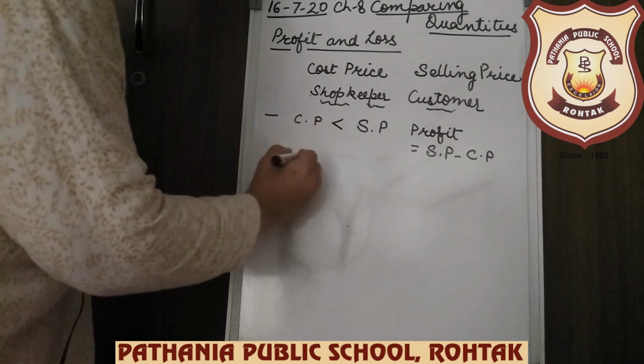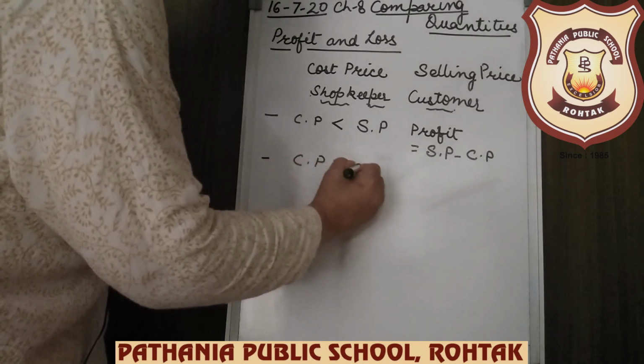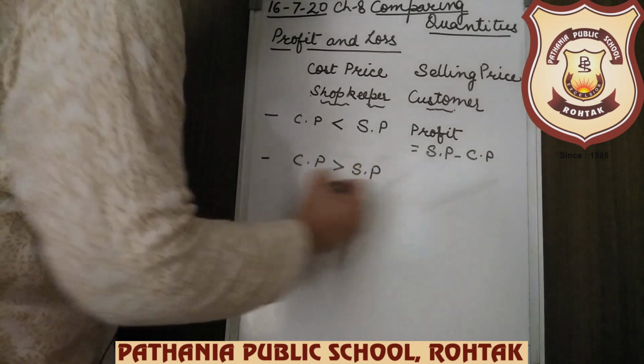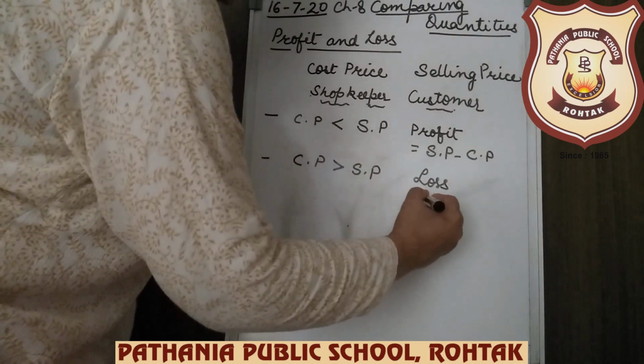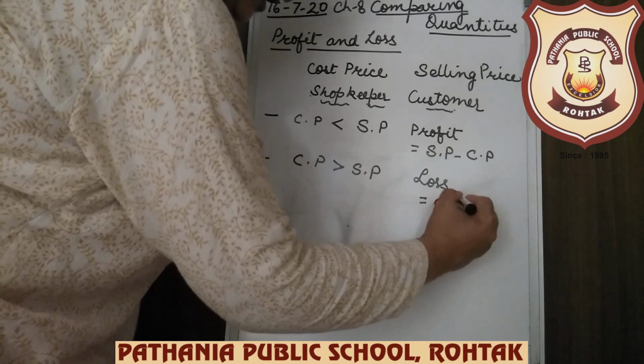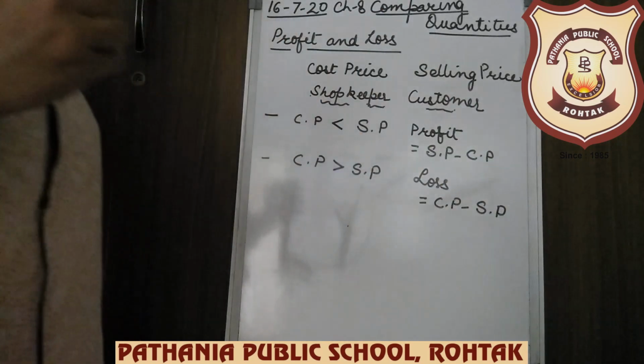When the cost price is bigger than the selling price, there is loss, which is calculated as cost price minus selling price.